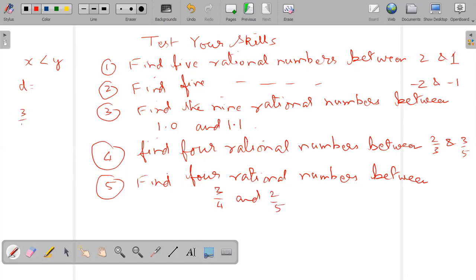You will write here 3 by 4, 2 by 5. Cross multiply. 5 3s are 15, 4 2s are 8. So 15 is greater. So this number is greater, and you have to write the smaller here. So you will take 2 by 5 as x and 3 by 4 as y. Okay. So everywhere you will find positive d except here.